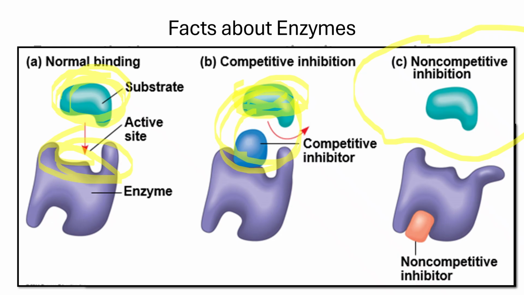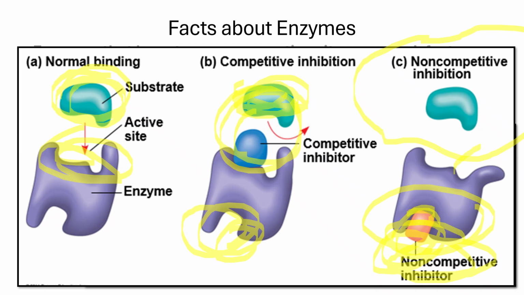So here we have a non-competitive inhibitor that binds to a different spot on the enzyme, but that binding changes the shape of the active site so that the actual substrate cannot bind to it anymore. So what I'm showing you here is an example of an enzyme that can be controlled through both competitive inhibition and non-competitive inhibition.